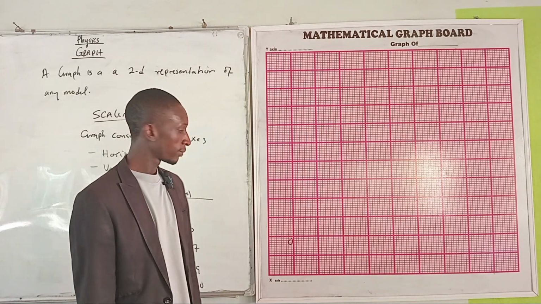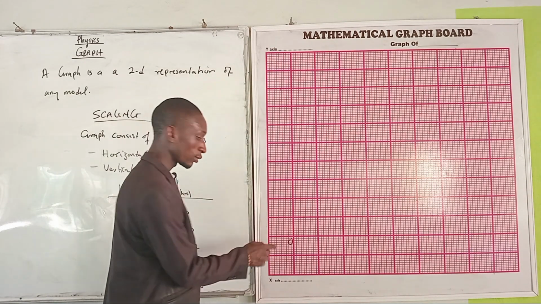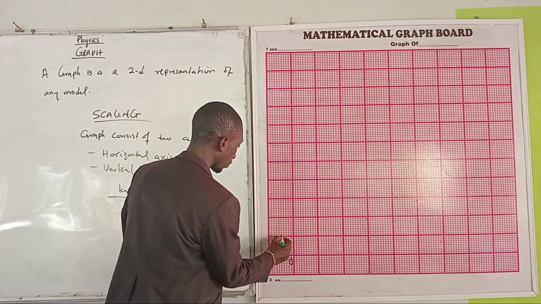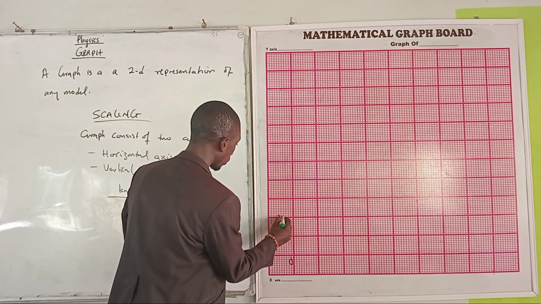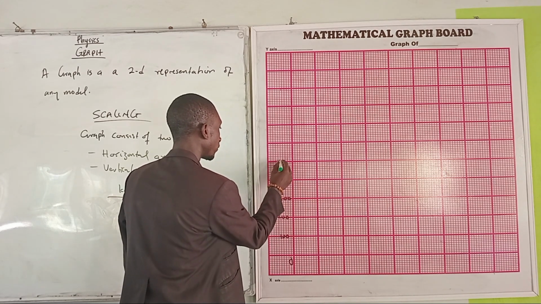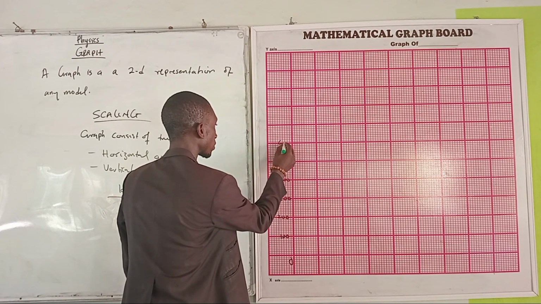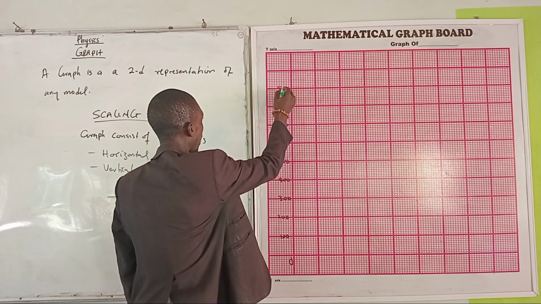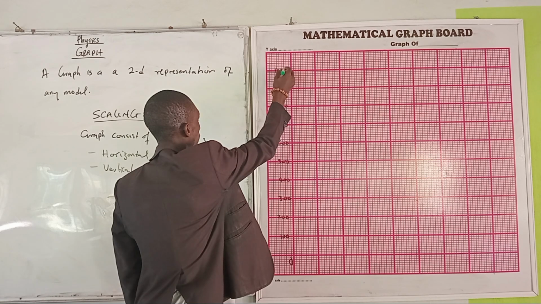I think we have made progress. So let's reduce this 0 to this place now. So we have 100, 200, 300, 400, 500, 600, 700, 800, 900, 1,000.